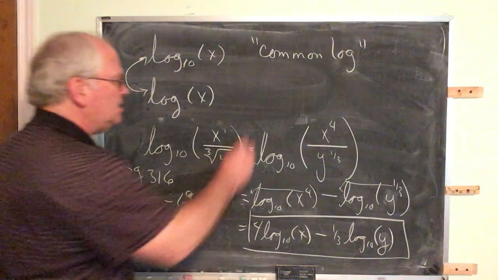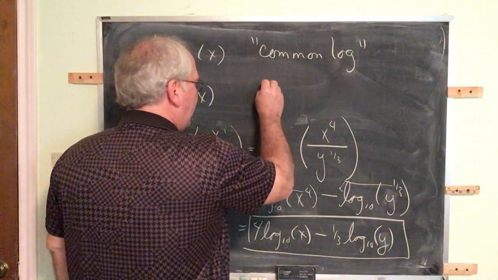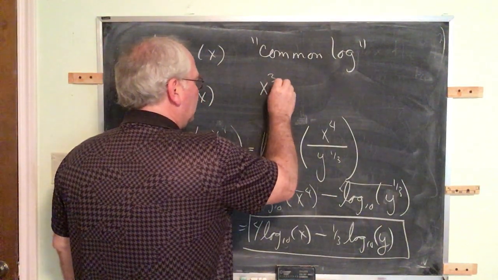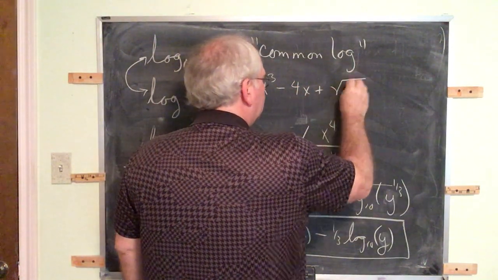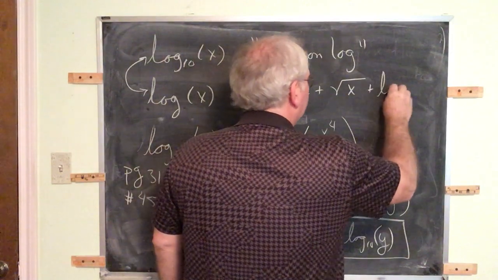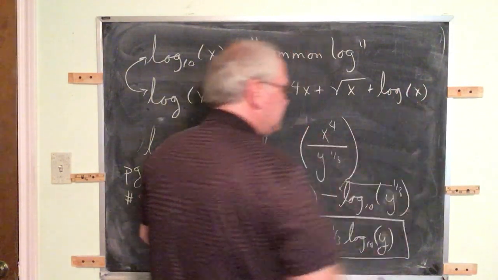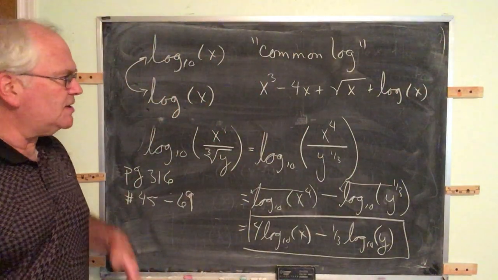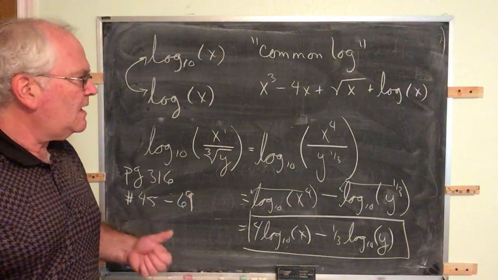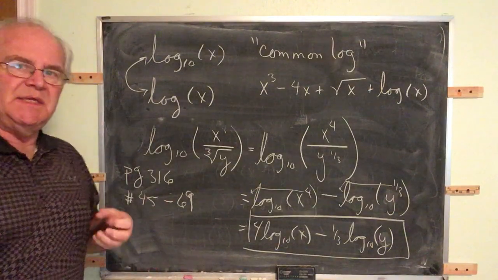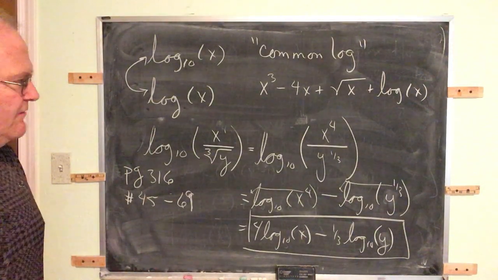So this is similar to this. It's like this: if I have x to the third minus 4x plus square root of x plus log of x. There are in mathematics certain default settings, values that we assume unless we're led to believe otherwise.